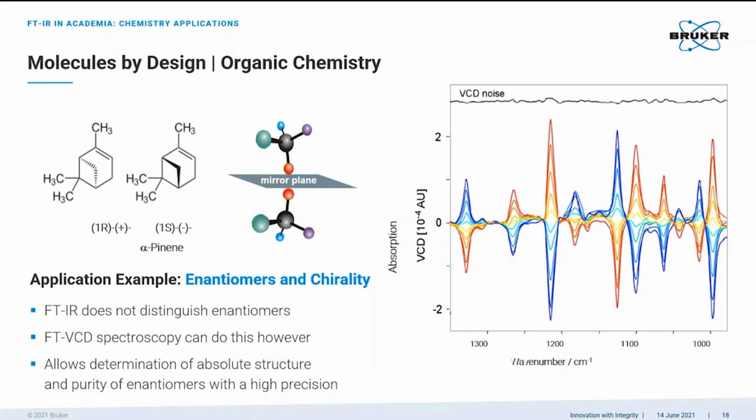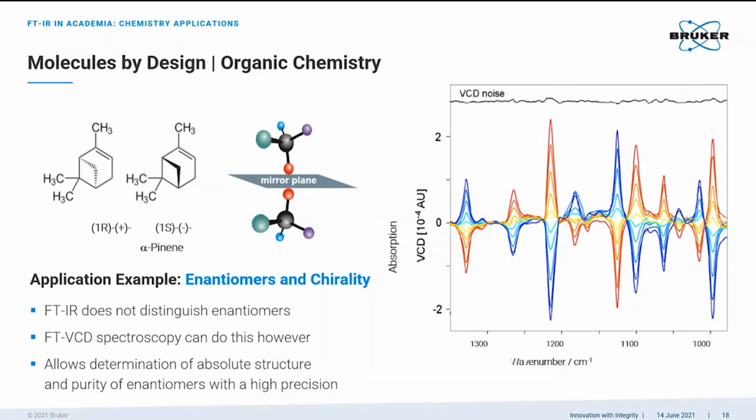And it is worth mentioning that the band intensity in a VCD spectrum is significantly lower than in a standard transmission measurement. It ranges from 10 to the power of minus 4 down to 10 to the power of minus 5 AU, whereas a band in an ATR spectrum is 0.something AU, so around 1,000 times stronger than VCD.